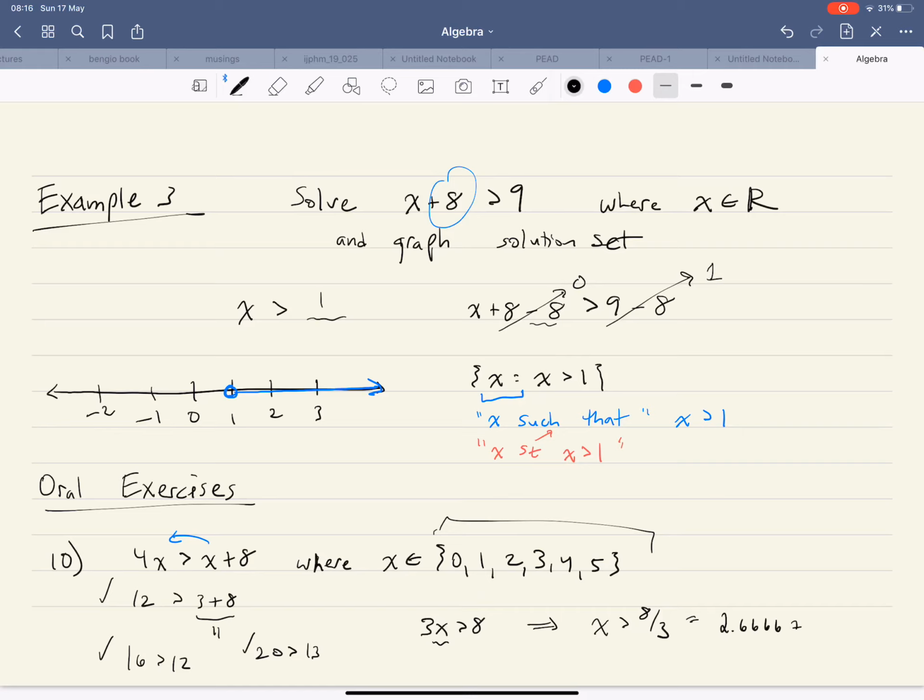So anything that's 3 and beyond is going to work, right? And that's what we already found over here. Okay, so final answer, the solution set is x such that, maybe we don't do it that way because it's not really in terms of x. x in 3, 4, and 5 is our solution set.